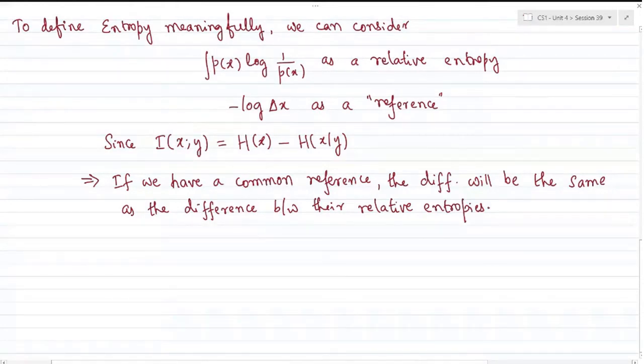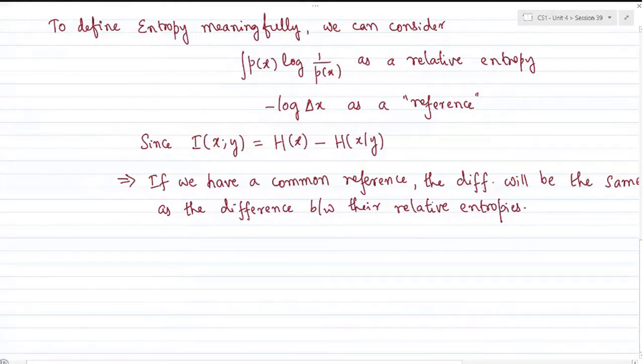And for a continuous random variable, remember, we always define the relative entropy but not the absolute entropy, right? So that should be kept in mind.